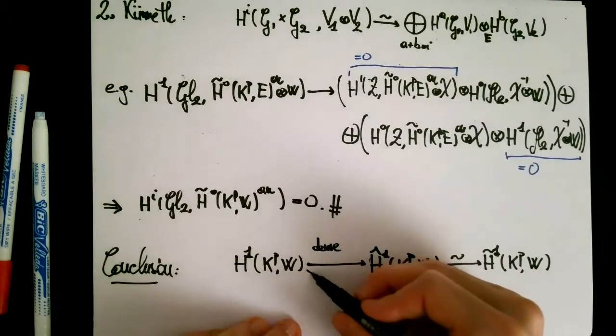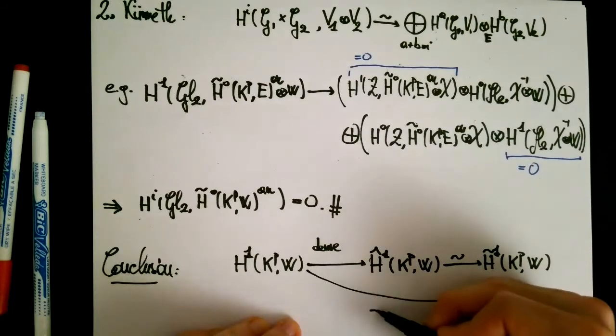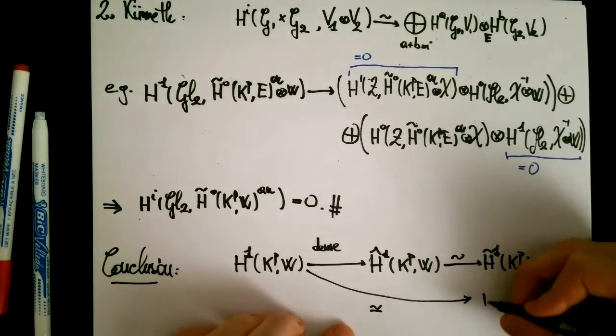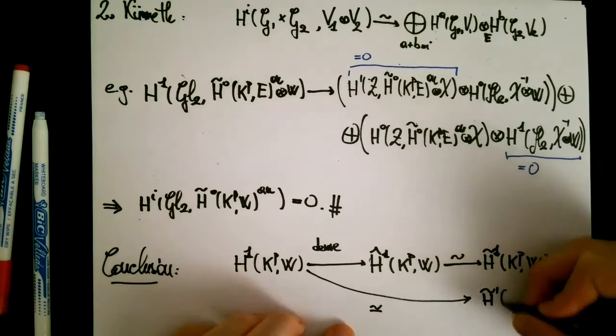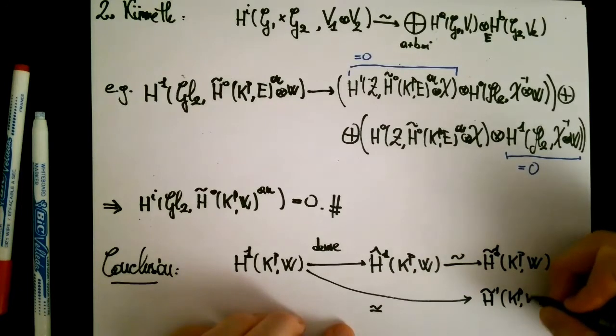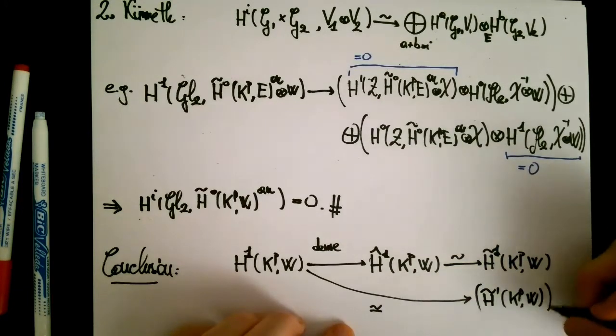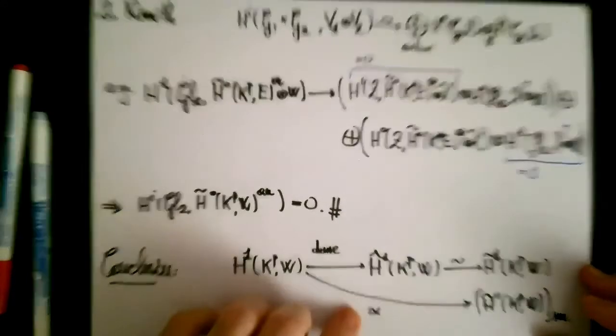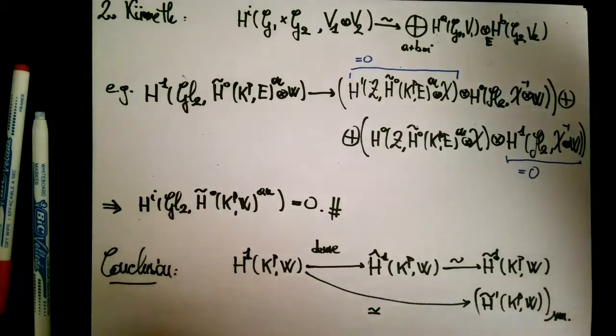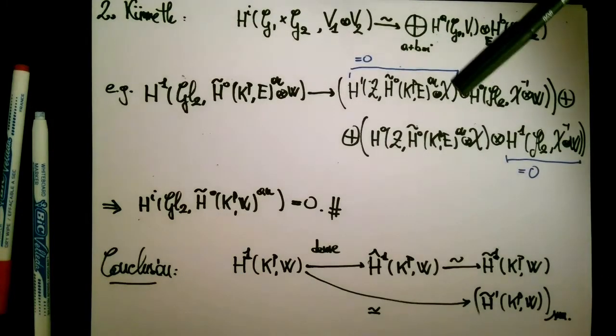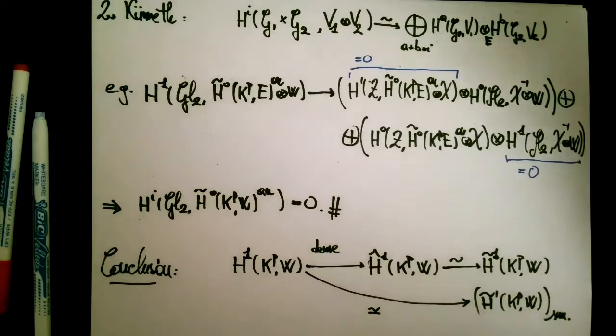And this map factors via an isomorphism through the smooth vectors, H^1, K^p, W, smooth. So this is the main theorem that I want to discuss in the first part of my course.